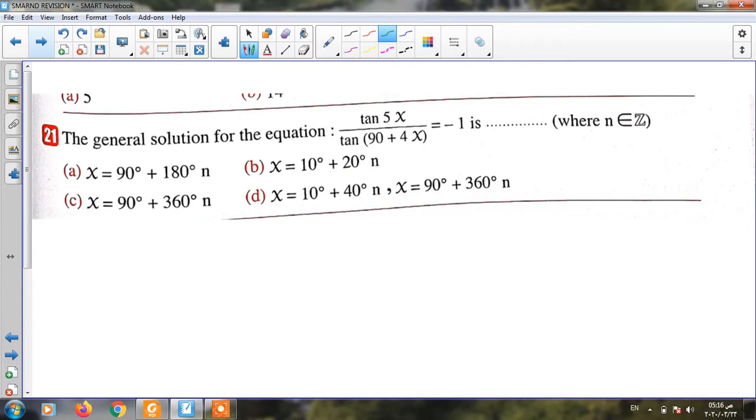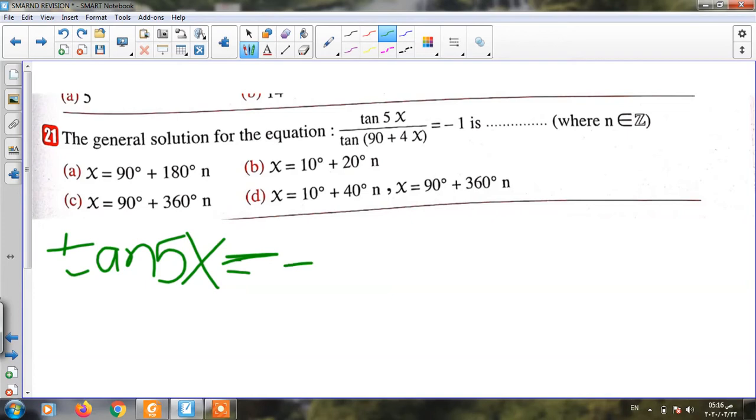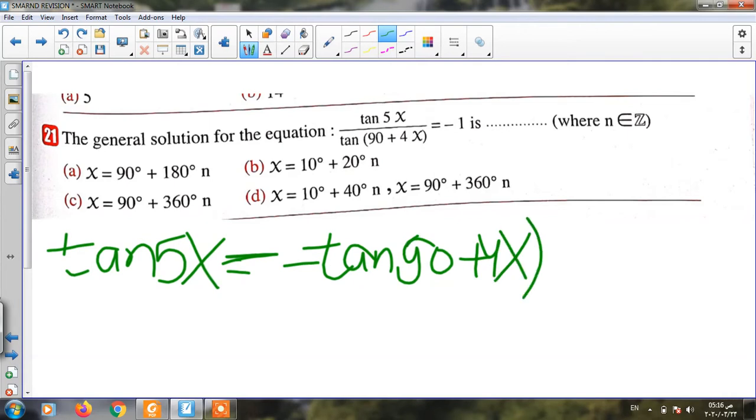How can I get it? First of all, let me see the first one. It's tan 5x equals negative tan (90 plus 4x). We multiply it up. Okay? Look, tan (90 plus...) which quadrant from the previous term?